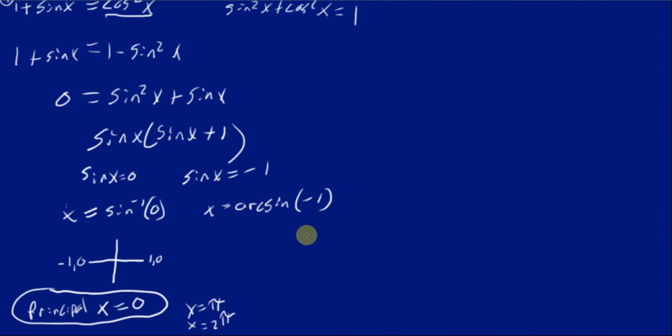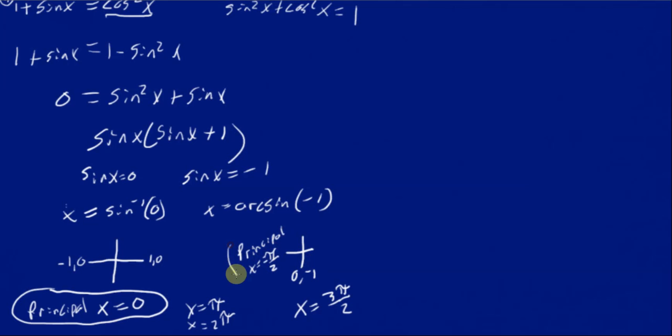Okay, now where is the inverse sine? Where is the sine a negative 1? Well, the sine is a negative 1 down here at 3 pi over 2. But if I did it for the principal value, remember the principal value ranges from pi over 2 to negative pi over 2, so my principal value here would be negative pi over 2.